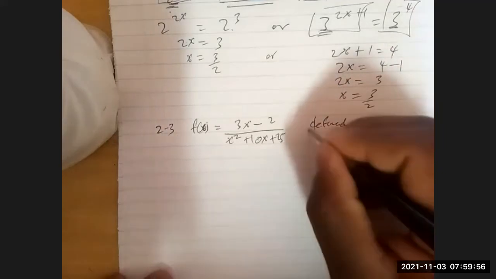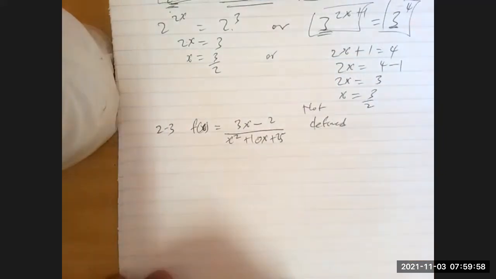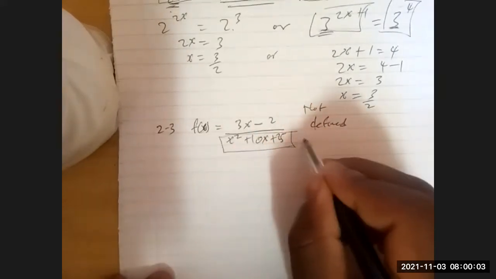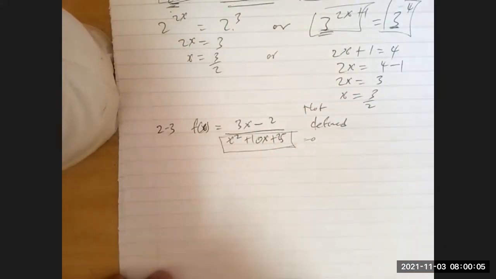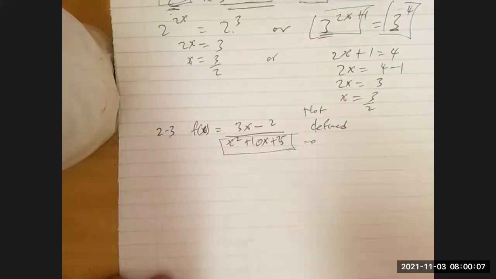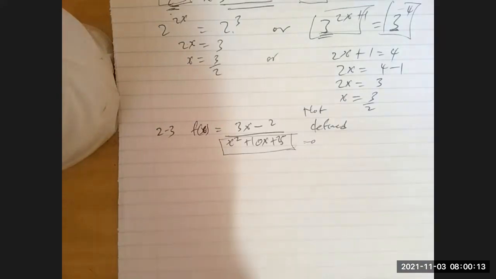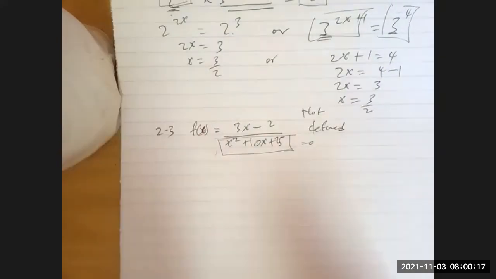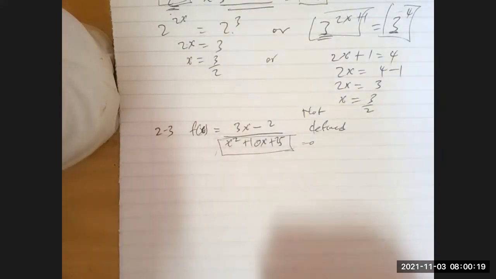But what makes it undefined is when the whole of this part here is equal to 0. When the whole of this part is equal to 0, then f of x is going to be undefined. So it means the denominator cannot be 0, because if it becomes 0, it is going to be undefined.